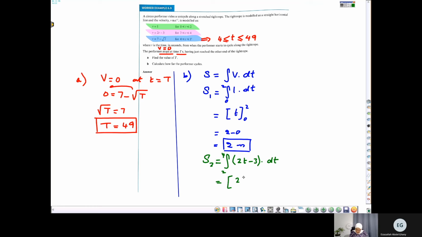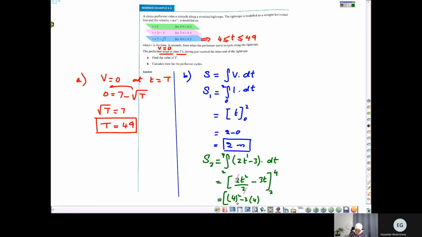Box brackets, increase the power by 1, divide by the new power, and just stick a t beside the 3, and no c, from 2 to 4. I can cut 2 with 2. So after substitution and subtraction, you will get a final answer, which is 6. It will be 4 squared minus 3 times 4.